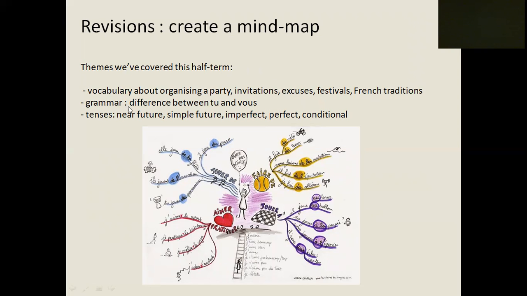Make sure you include the grammar points explaining the difference between the pronoun tu and vous, which we learned 2 or 3 weeks ago. And make sure it includes information about near future, simple future, imperfect, perfect, and conditional. We revised all these tenses this half term, so you need to include them in your mind map.